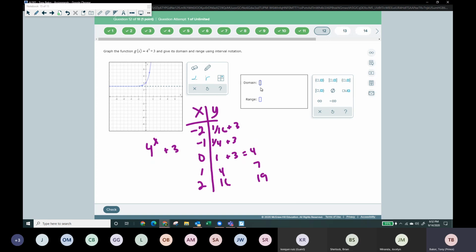All right, so my domain for a rational function or an exponential function is all real numbers. So now they want this in interval notation. So it's -infinity to infinity. My range starts at 3 and goes to infinity, but it doesn't hit the 3. So 3 to infinity.